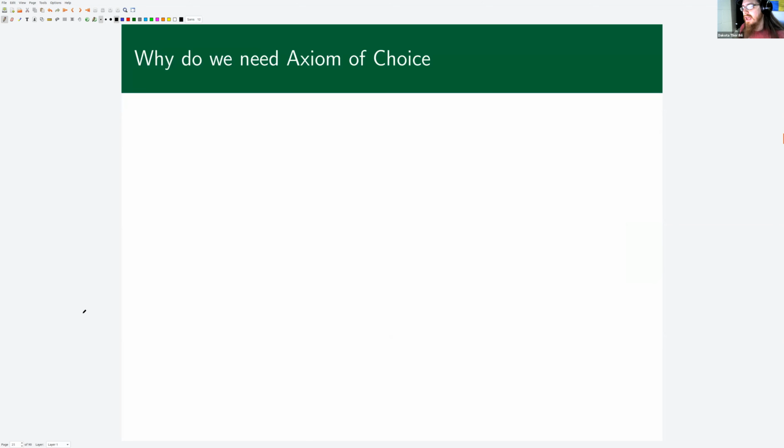Okay, and why is axiom of choice necessary? So ZF by itself is pretty strong, right? It's strong enough, robust enough to define ordered pairs. Once you have ordered pairs, you can define functions. And once you have functions, then you're off to the races, right?